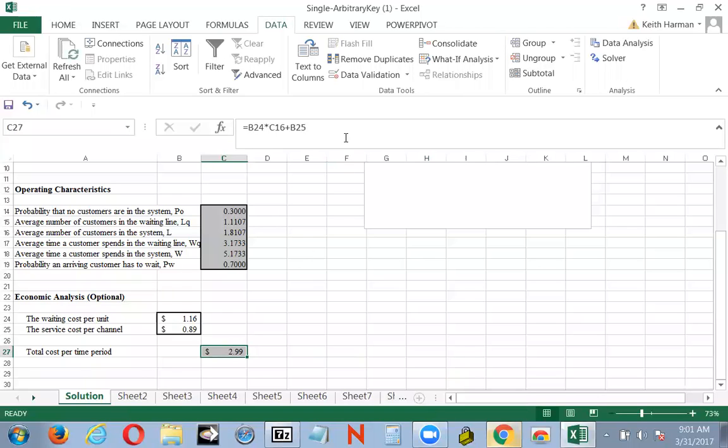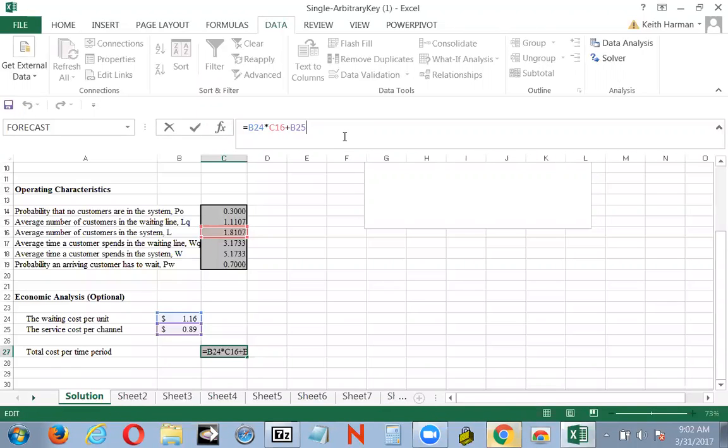Okay, so we can take a look at that relationship for just a minute. Let's click on here and we'll see the formula. Notice this is going to be B24, which is the waiting cost per unit, times the average number of customers in the system. That makes sense. The waiting cost per unit and the average number of customers tell us that figure for waiting time.